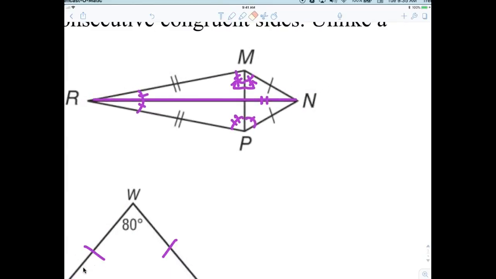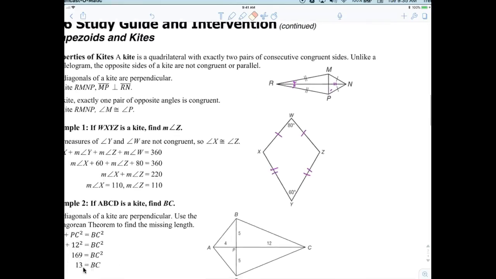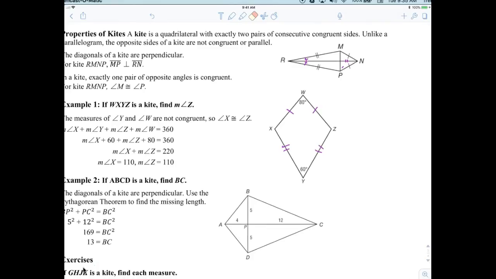A lot of times when you take your exam, you can base it off of observation. But again, does everybody understand how it's so easy to prove that RN bisects the angles? Right? Because all you'd have to do is prove the triangles are congruent. All right, hopefully you understand what I'm saying on that. All right, so we learned a lot about that.